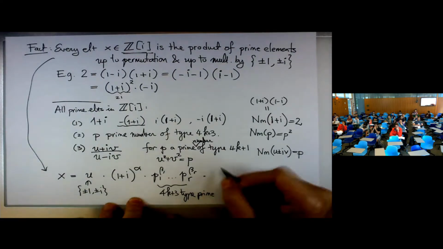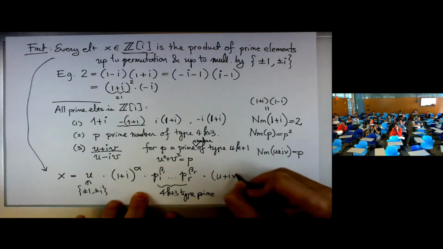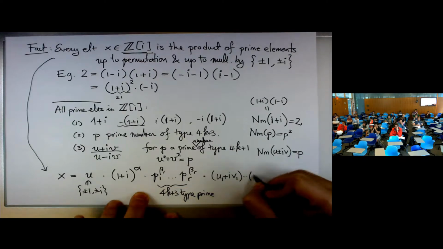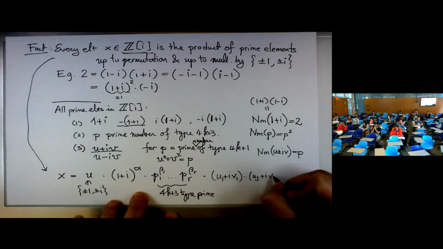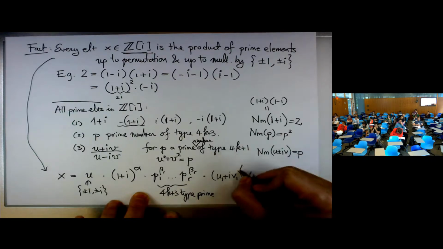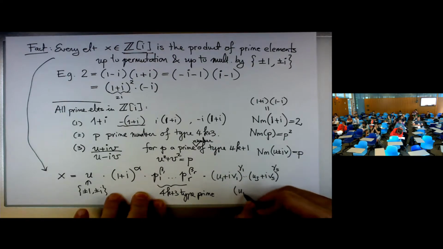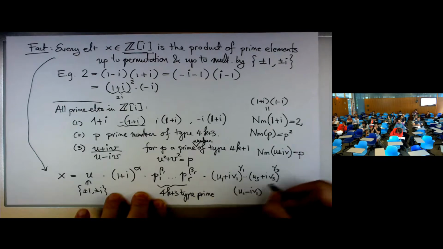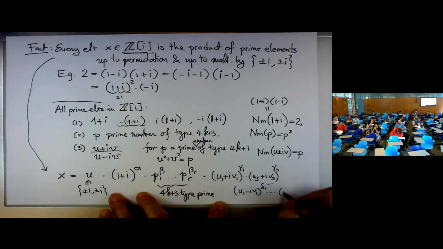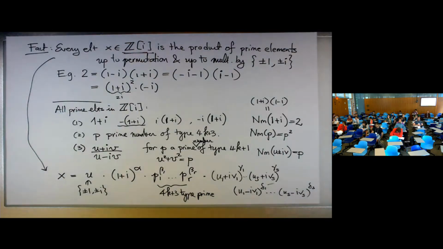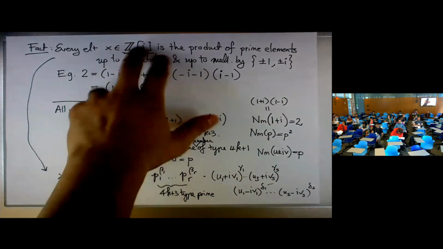And then times (u1 plus i v1) to some power gamma 1, through gamma s, and then (u1 minus i v1) to the delta 1, through (us minus i vs) to the delta s.